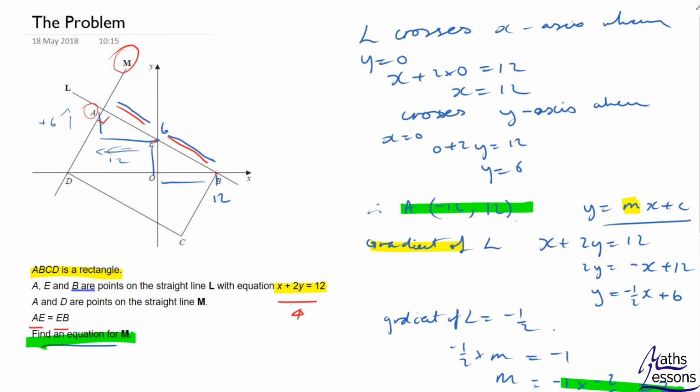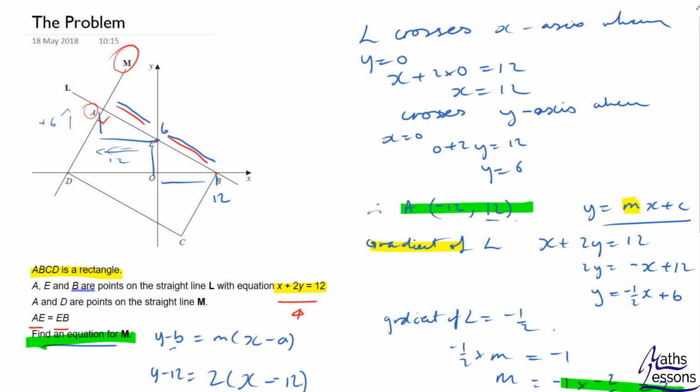That's what we need. We're going to use y minus b equals m times (x minus a). Our a is our x value here, and our b is our y value here. So we get y minus 12 equals 2 times (x minus minus 12). And that's an equation for line M.